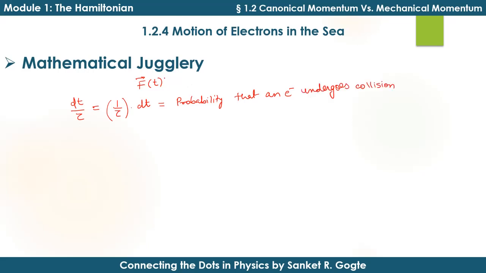Now since there is an external force F acting on each of these electrons, and we want to observe the effect of this force on the electrons as a whole, we are not worried about the electrons which undergo collision, because once they undergo collision, all the effect that they have picked up due to this force is gone. What we are interested in is the number of electrons which do not undergo collision.